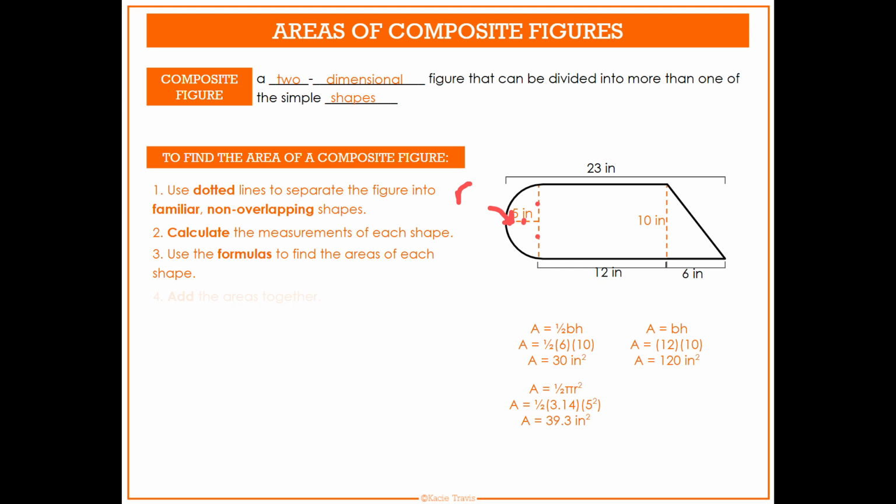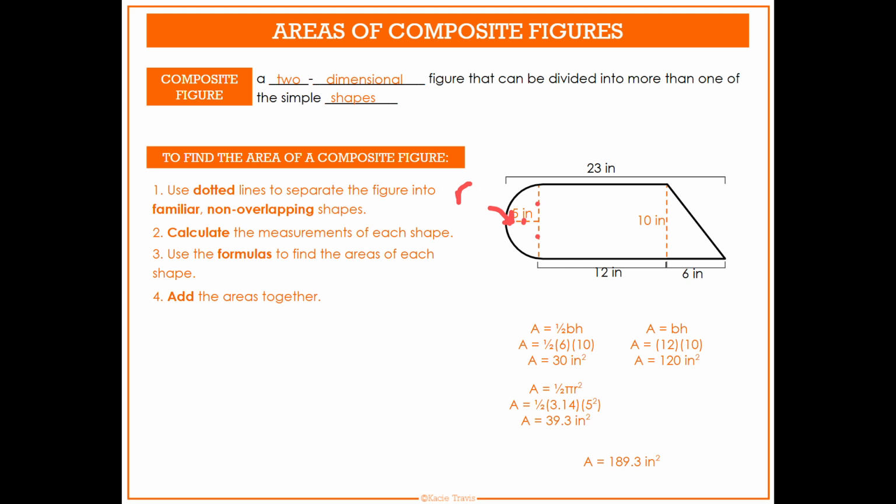Our final step is to add all the areas of these individual shapes together to represent the whole area. When we add all three of these together, we get a final area of 189.3. So we're just breaking up the shape into smaller shapes, calculating those areas, and then putting them together.